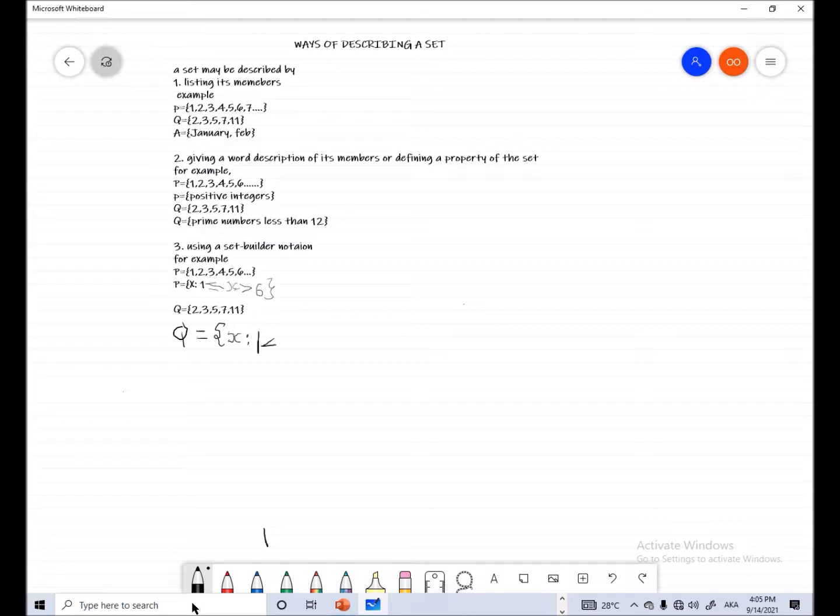So 1 is less than X, and we have 11 at the end. So we say 1 is less than X, less or equal to 12. Oh sorry, no, it's not less or equal to 12 because we don't have 12 here. So it's less than 12. We can bring less or equal to 11.